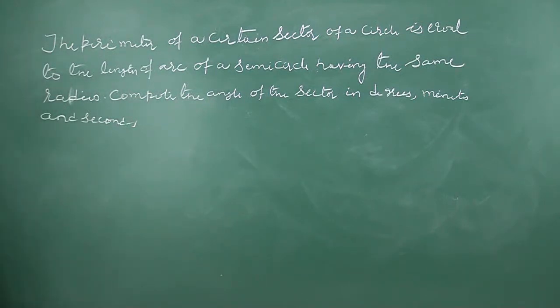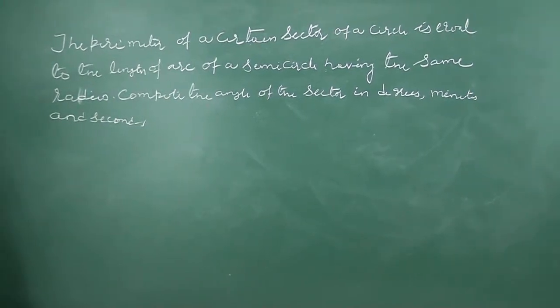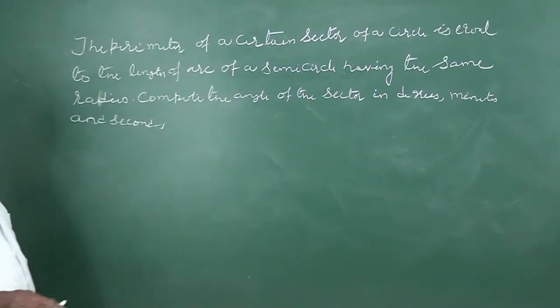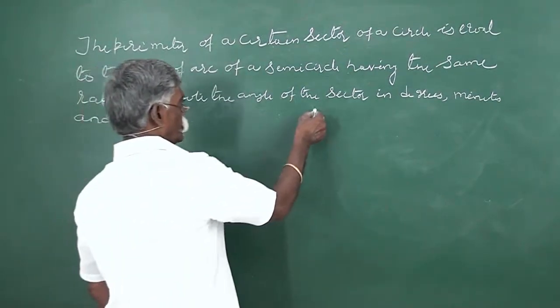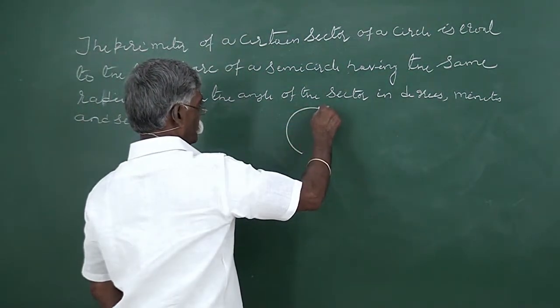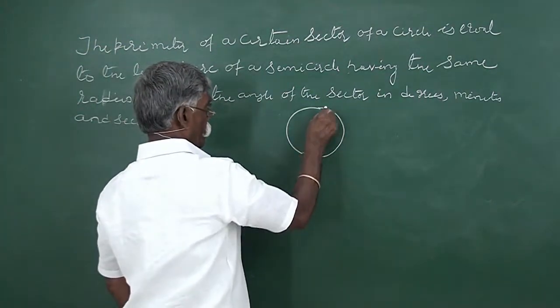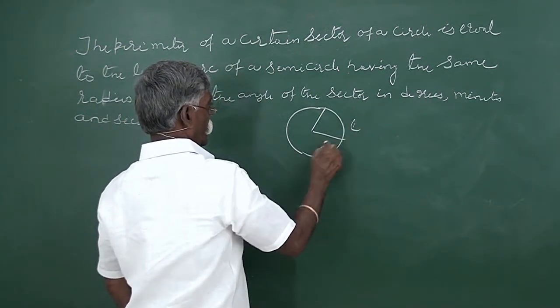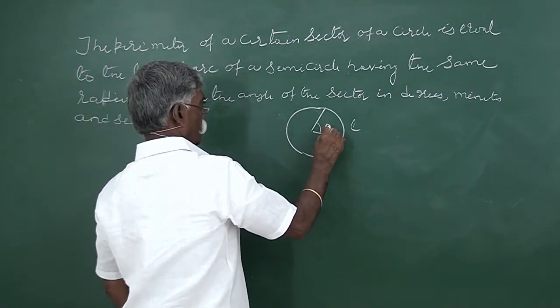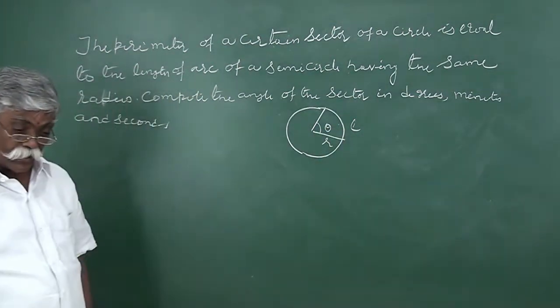Now the perimeter of a certain sector of a circle is equal to the length of the arc of a semicircle having the same radius. So let this be the circle. And if this is L and this is R and this is the angle in radians.